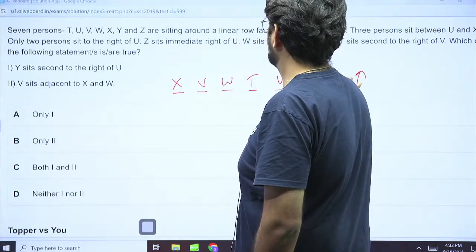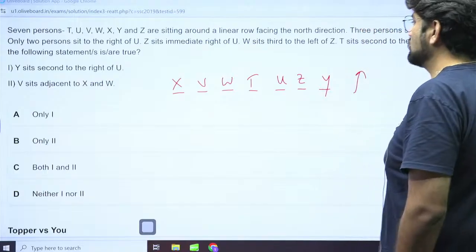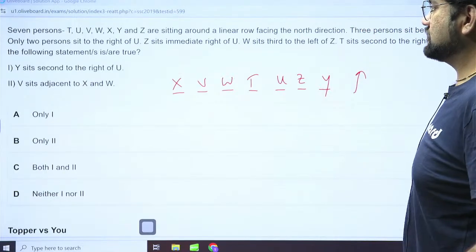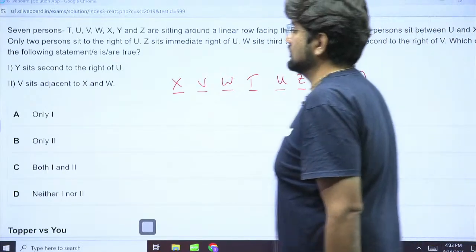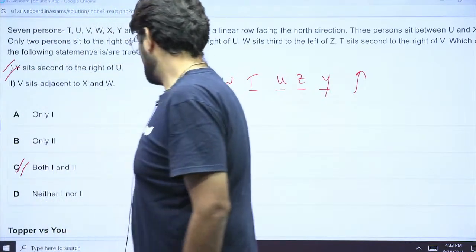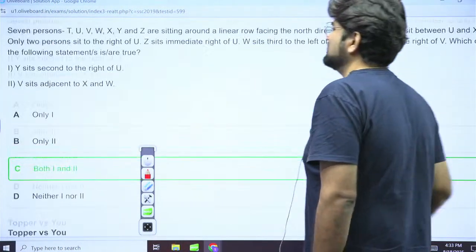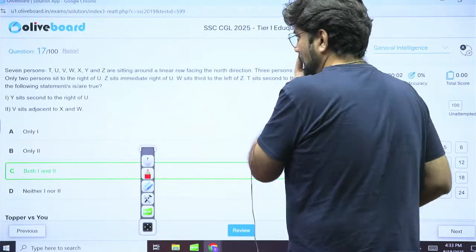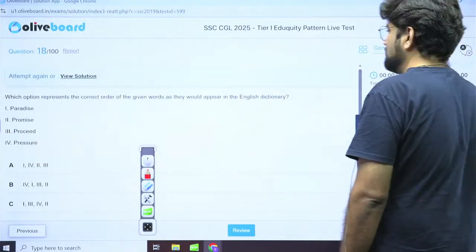It's pretty easy. Y sits second to the right of U. Yes. And V sits adjacent to X and V. Yes. X and W. So both are correct. 56 seconds, I think not required. Could have been slightly faster. Could have been done in 40 seconds.